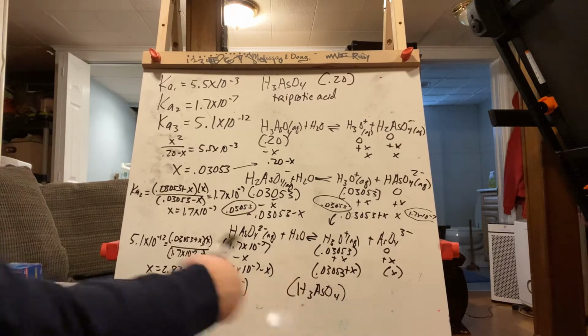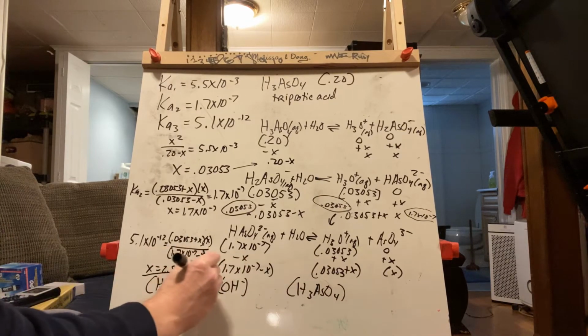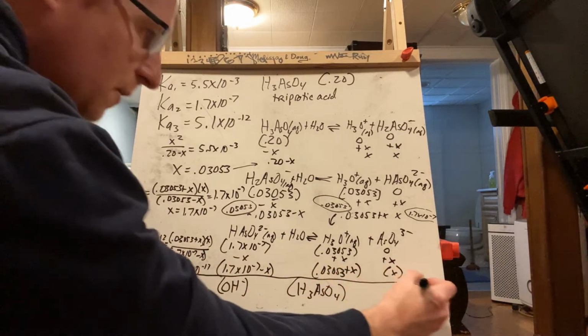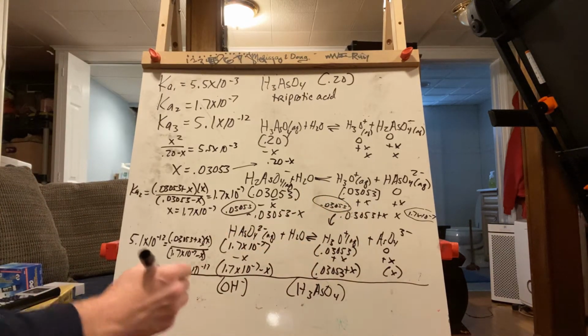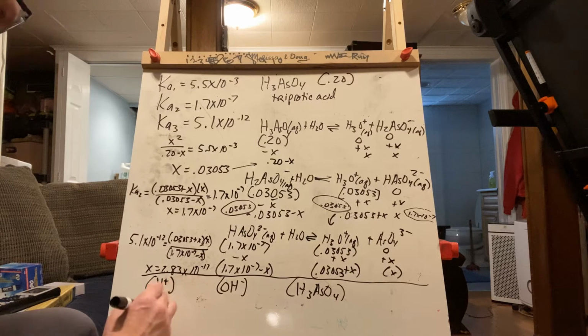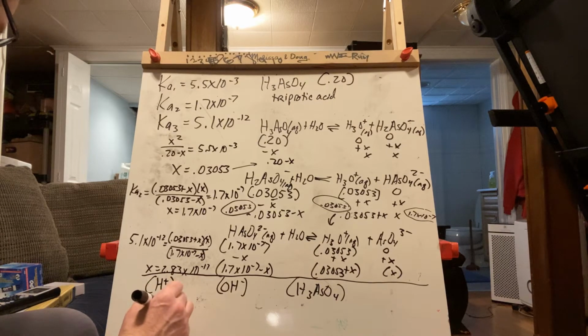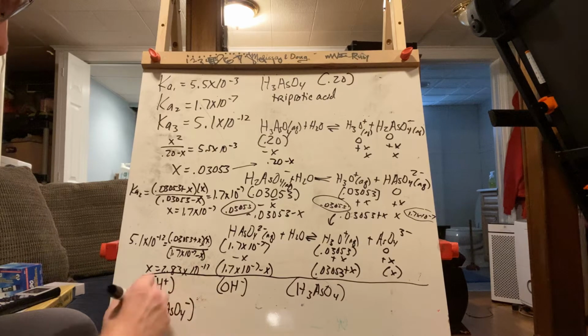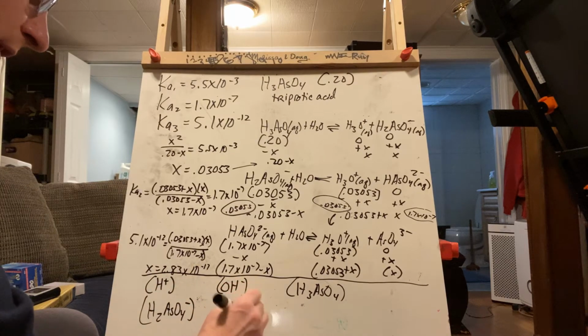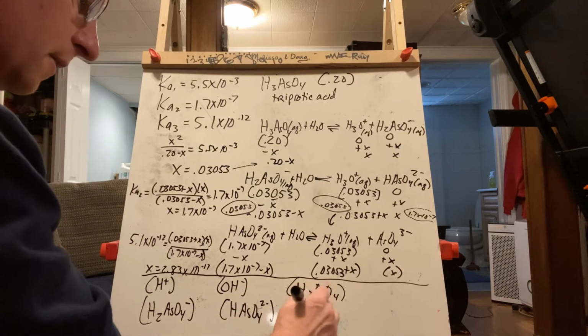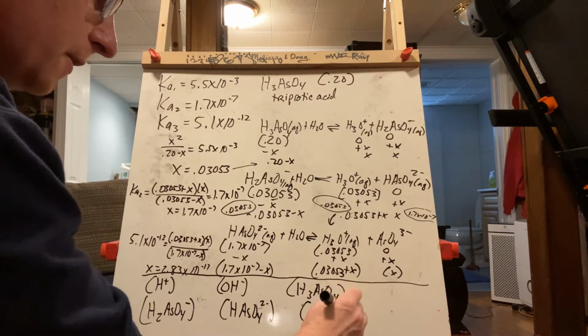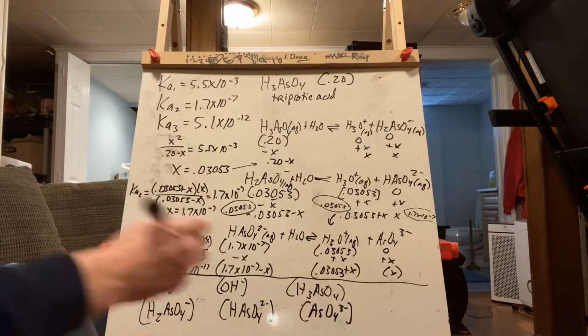This is all at equilibrium, so this is kind of like the end of the question here. Then I still got room. Okay, and then H2AsO4 minus, HAsO4 2 minus, and AsO4 3 minus. So let's work backwards.